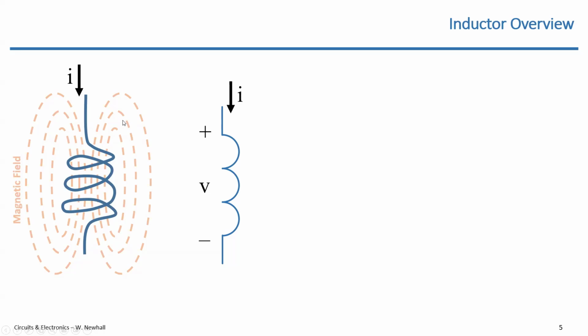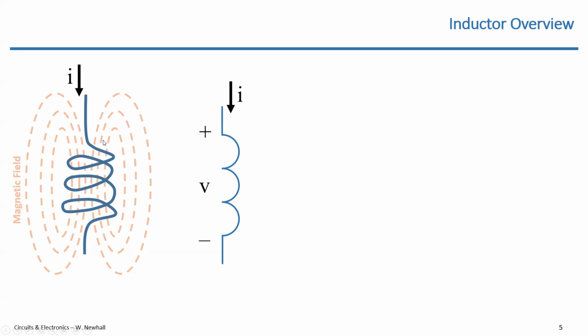Think about if you've ever read about how a generator works. If you have a coil of wire in a time varying magnetic field, then you're going to induce a voltage. That's how a generator works.